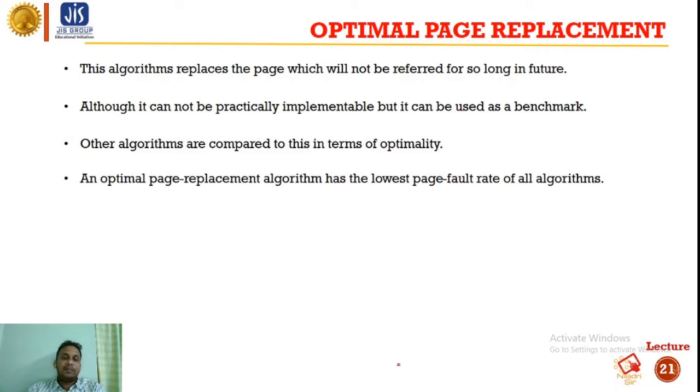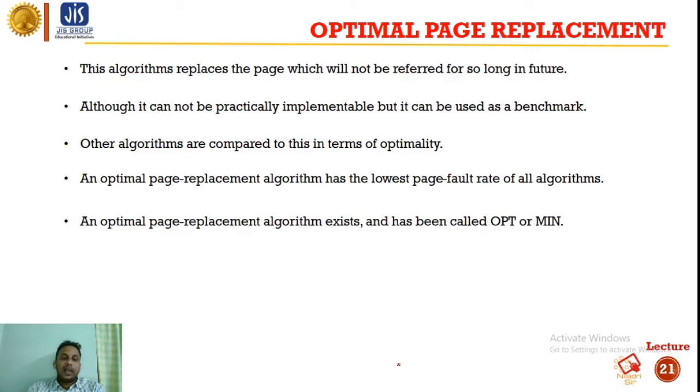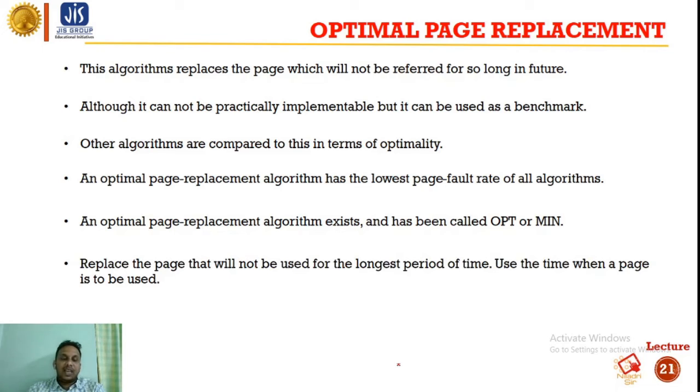An optimal page replacement algorithm has the lowest page fault rate of all the algorithms, and it is called OPT or MIN. It replaces the page that will not be used for the longest period of time. So we will check which page will not be used in the future for a long time, and replace that page.